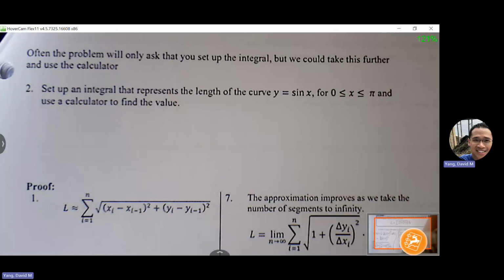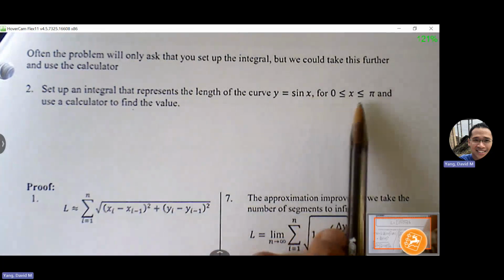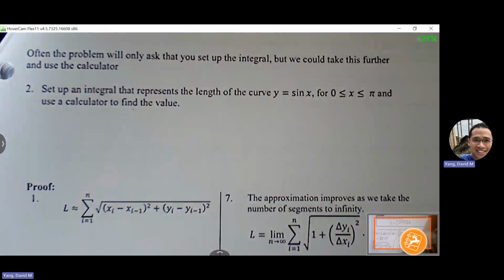So often problems like this will only ask you to set up the integral, but if it's calculator active, then they can ask you to find the answer. So here, set up an integral that represents the length of the curve of y equals sine x from 0 to pi, and use the calculator to find the value. Okay, try that. Find the derivative first, and then from there you can insert into your arc length formula.